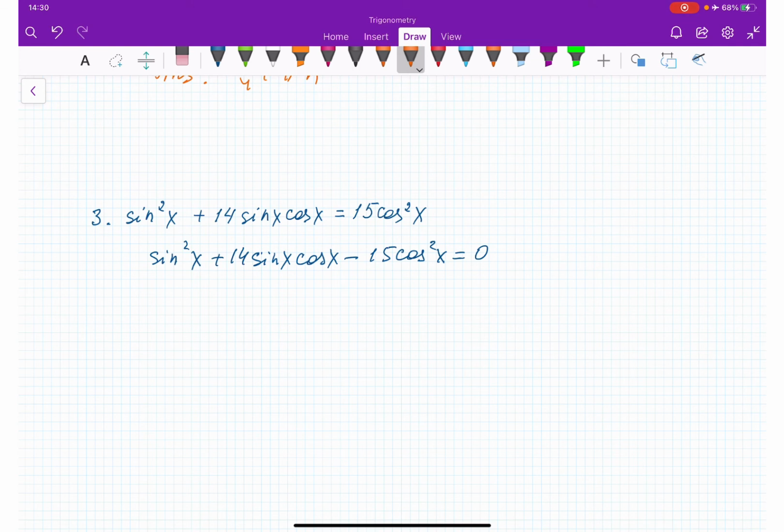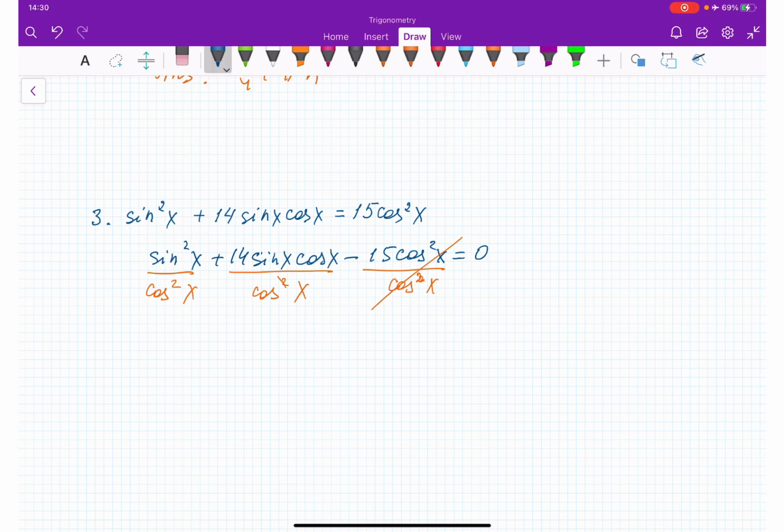In one case you work with tangent, in another case you work with cotangent. So I'm dividing by cosine square x this time. In the previous one I worked with cotangent, now with tangent.